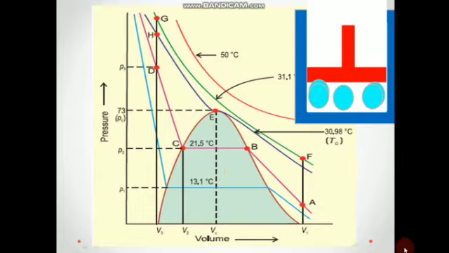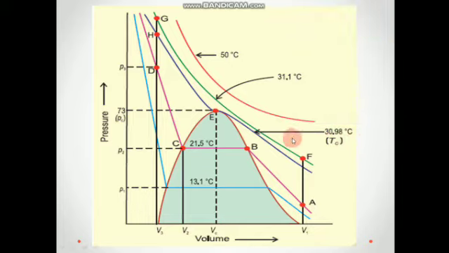So coming back to the liquefaction, at particularly 30.98 degrees Celsius, and particularly at 73 atmospheres of pressure, the gas was converted to liquid. Isn't this point important? Yes, it is very important. So this temperature is noted as the critical temperature.